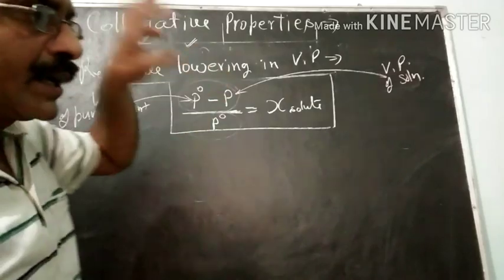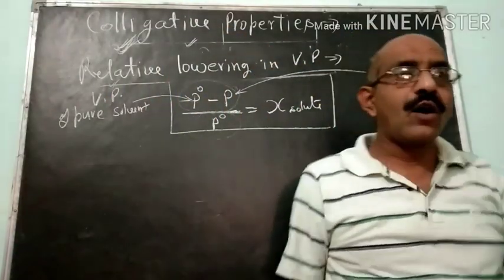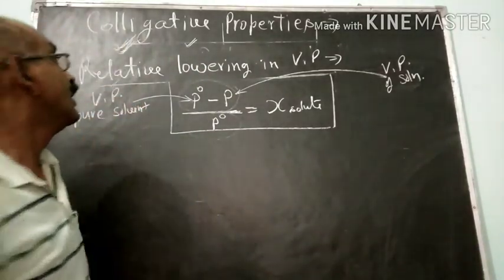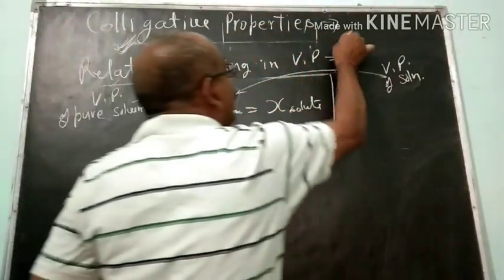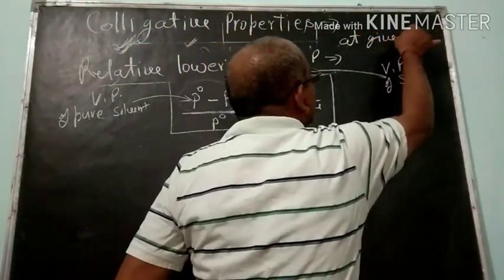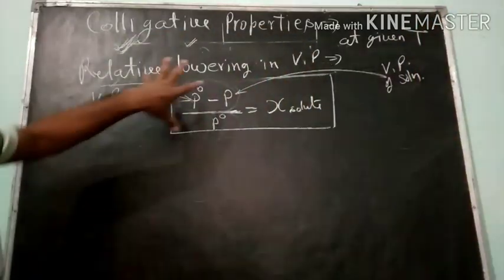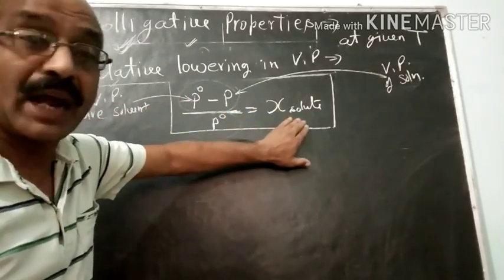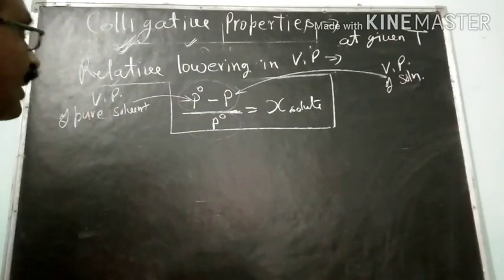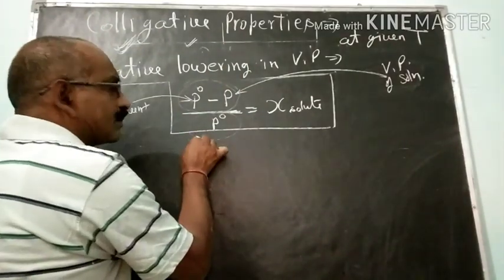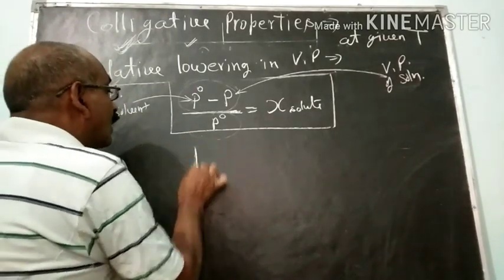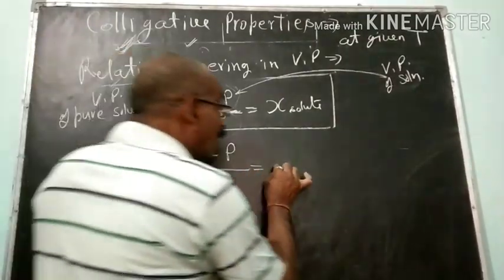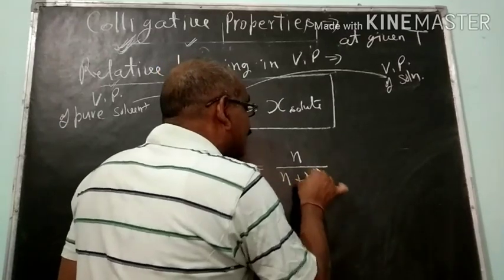According to Raoult's law, for a solution containing a non-volatile solute at a given temperature, the relative lowering in vapor pressure is equal to the mole fraction of solute. Is it clear? It can be expressed as (P naught minus P) over P naught equals n over (n plus N).